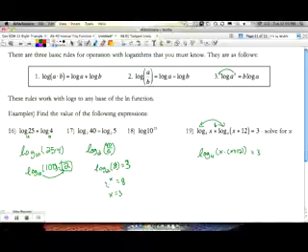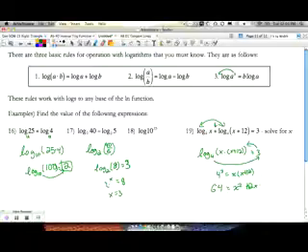Well, let's go ahead and get this out of the logs and start doing some regular algebra with it. I'm going to say 4 to the 3rd power equals this whole piece on the inside in those parentheses there. So 4 to the 3rd power equals x times x plus 12. 4 to the 3rd power would be 16 times 4, which is 64, equals x squared plus 12x.